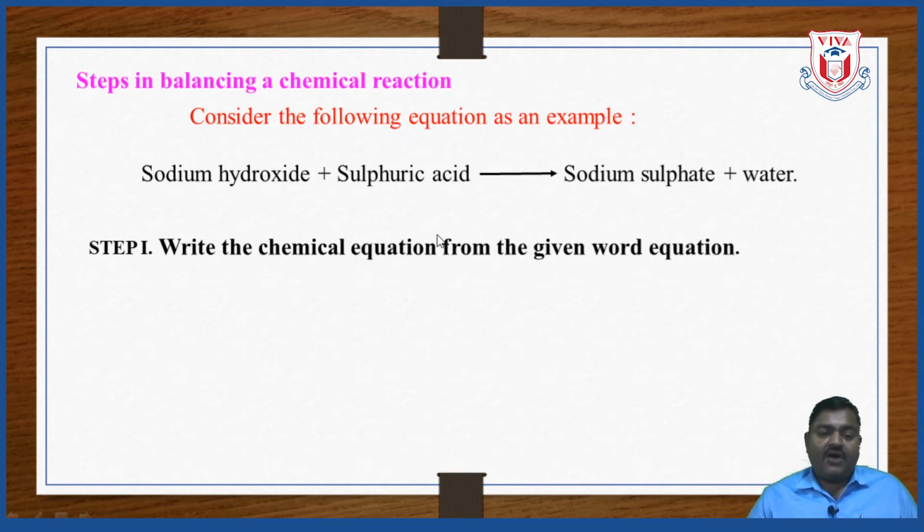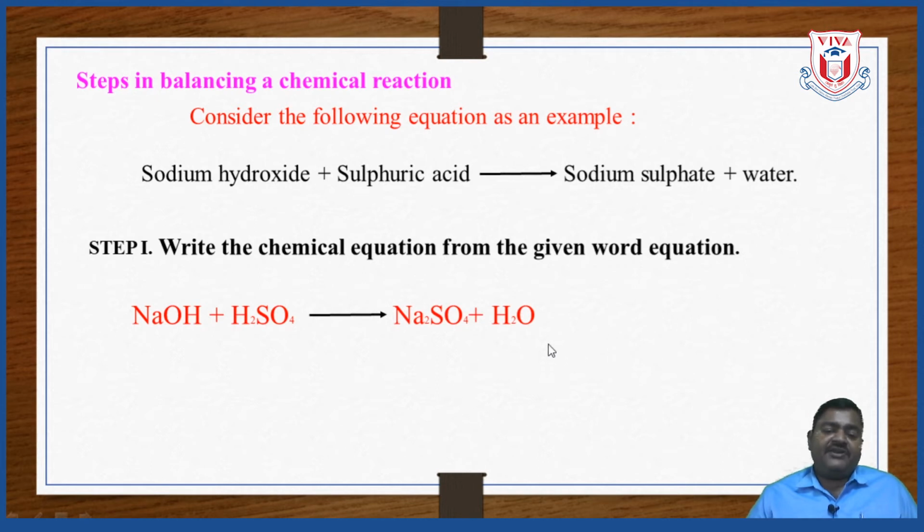Step 1. Now we will start balancing a chemical equation. What is step 1? Step 1 is to write the chemical equation from the given word equation. आता हे जे वर्ड इक्वेशन दिलेलं आहे त्याच्यापासून आपल्याला पहिल्यांदा केमिकल इक्वेशन लिहायचं आहे. आता मी एक केमिकल इक्वेशन लिहिलं बघा. सोडियम हायड्रॉक्साईड, formula for sodium hydroxide, that is NaOH. सल्फ्युरिक ॲसिड H2SO4 gives Na2SO4, means sodium sulfate, plus water. हे तुम्हाला फॉर्म्युले लिहावे लागतील.